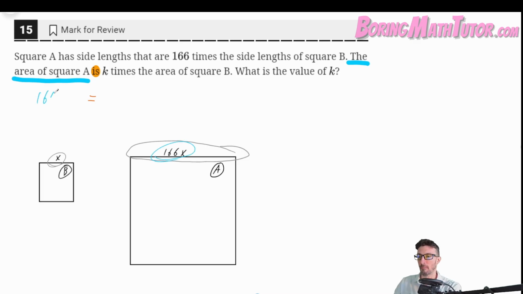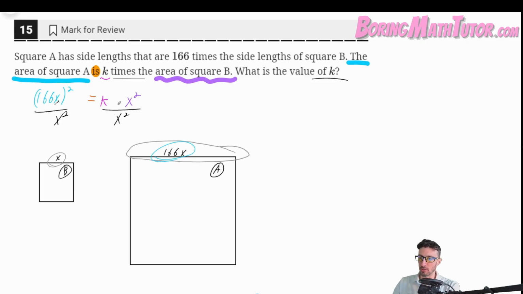It's just going to be 166x squared, because you'd have to multiply it by itself. And then it's saying is k times the area of square B. Well, what would the area of square B be? Well, that would just be x squared. And now they want to know the value of k. So all I have to do is divide both sides here by x squared.